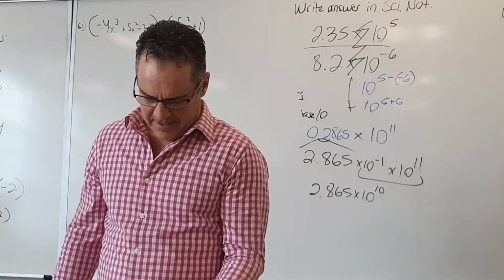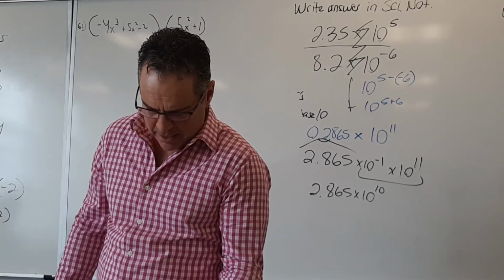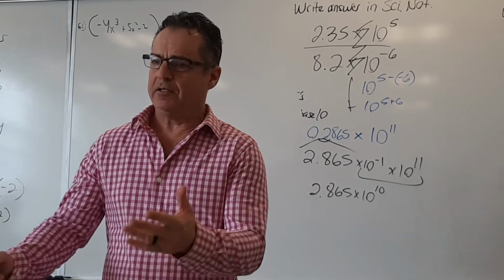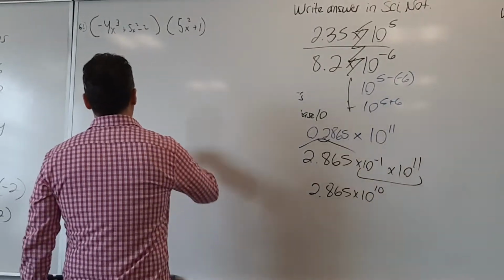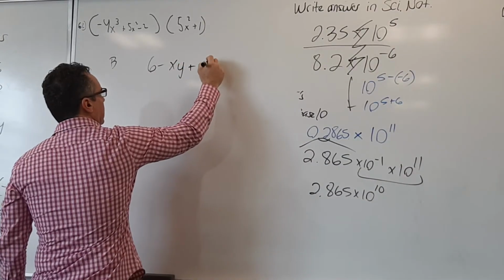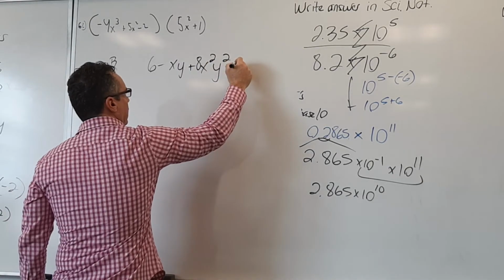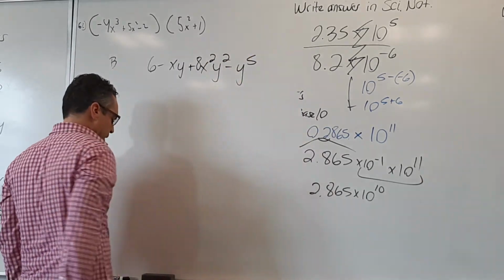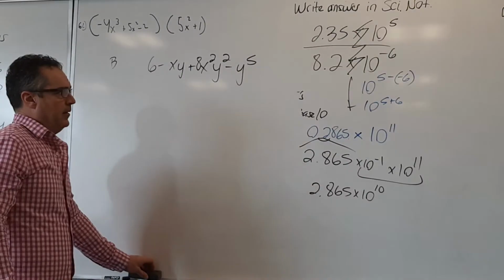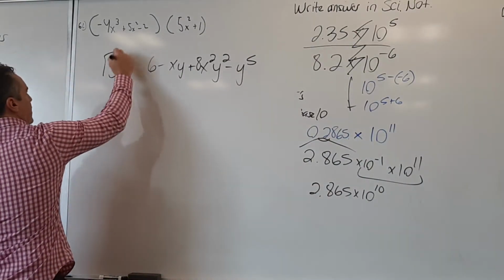I love it. Okay, would you read problem number 20 to me? 6 minus xy plus 8x squared y squared minus y to the 5th power. Beautiful. Okay, everybody, they're asking us in this problem, this is part B, number 20.